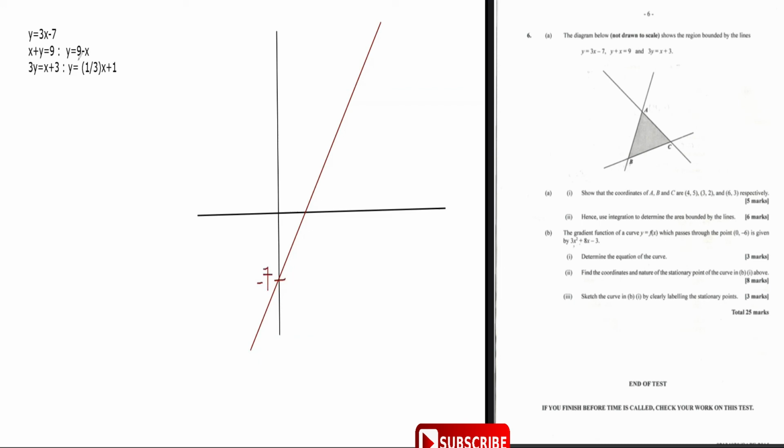Then we have the line y equals 9 minus x. Let's put that in another color. 9 minus x passes through positive 9 with a gradient of negative 1. That looks something like this. Gradient of negative 1.